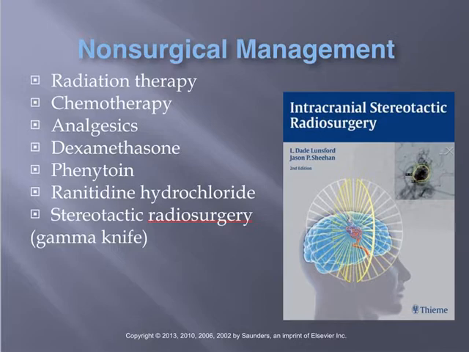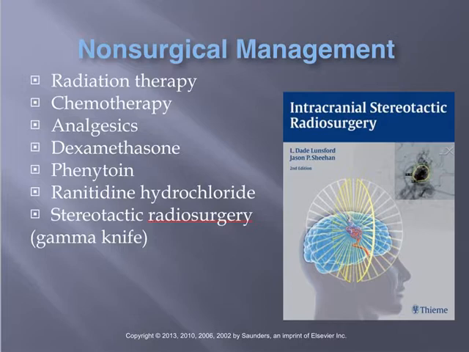We're going to use medications like phenytoin, which is an anticonvulsant, to decrease the risk of seizures. We're going to use ranitidine, which may surprise you. That's going to reduce gastric irritation, or we could even use a proton pump inhibitor like Protonix, and that decreases the risk of the patient developing a stress ulcer.